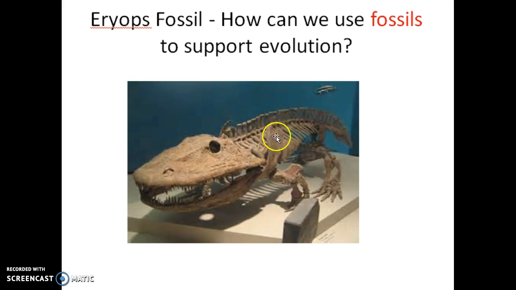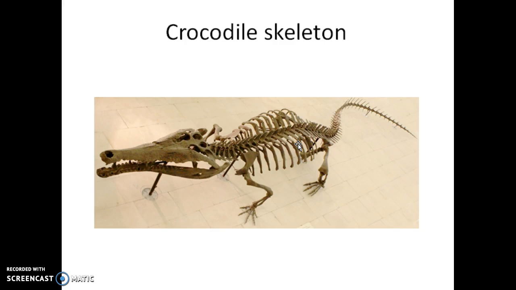And we can use fossils such as this one to say, okay, well maybe this guy just changed slowly over the course of time, and we have now some descendants of Eryops called crocodiles and alligators. So they're used for a comparison of living things of a long time ago to compare to living things of today, such as this crocodile on the screen right here. Now this is a modern day crocodile.